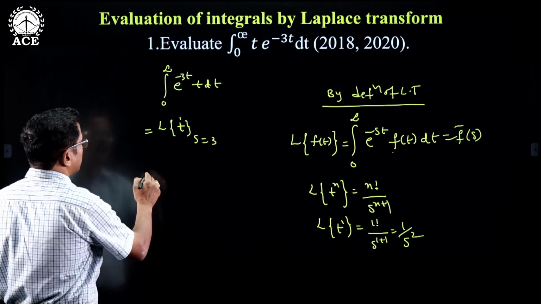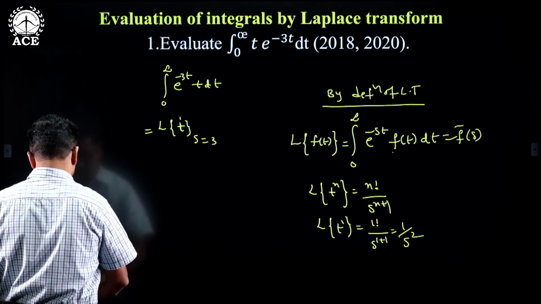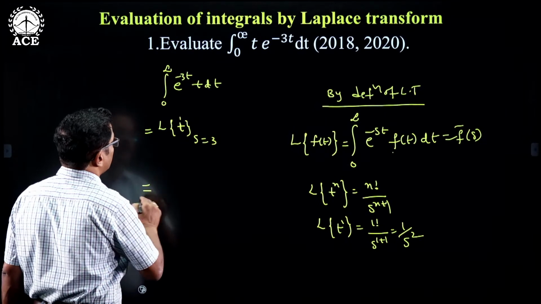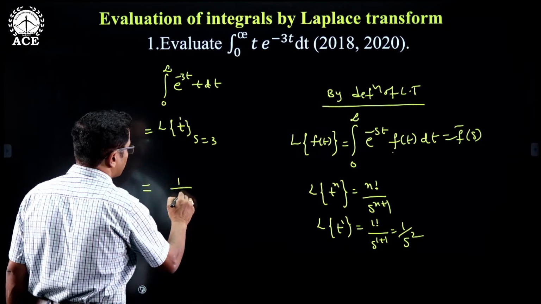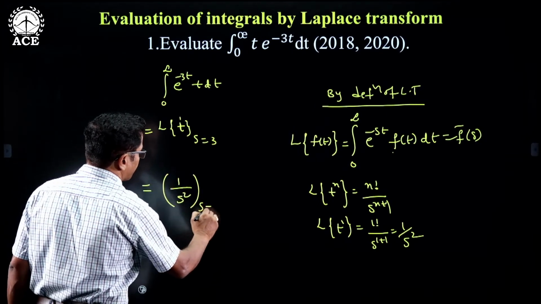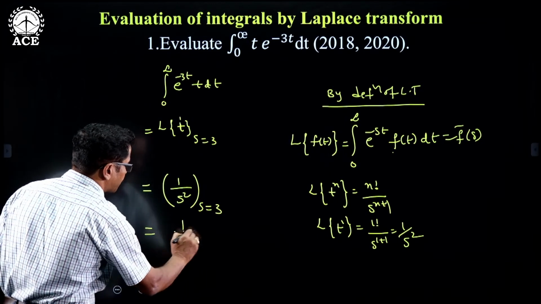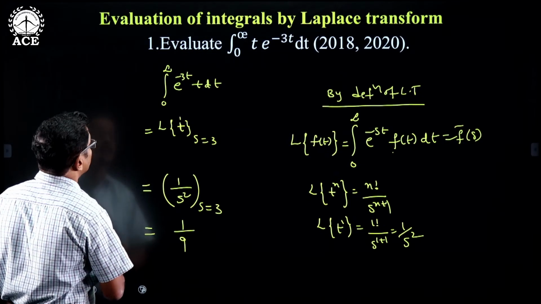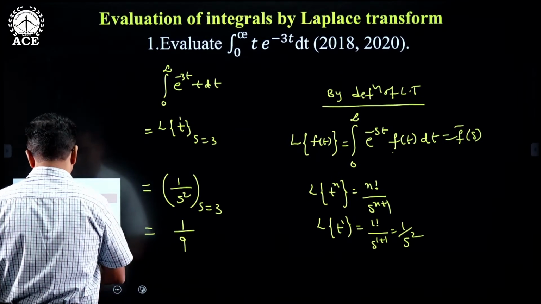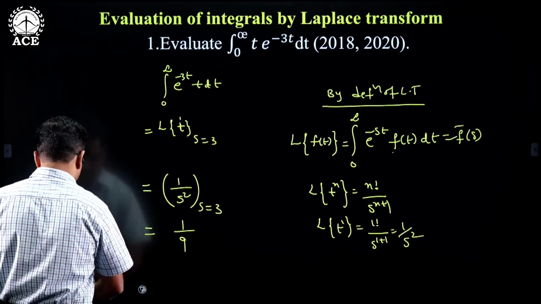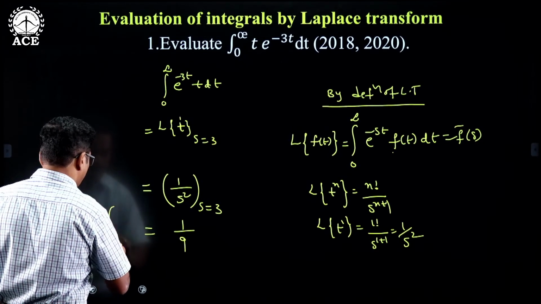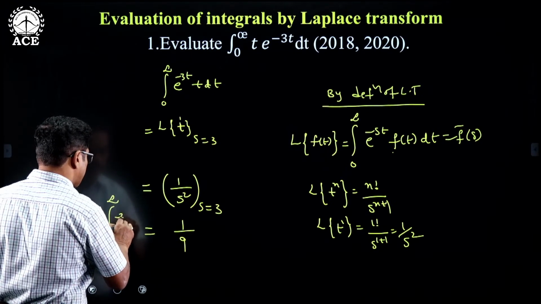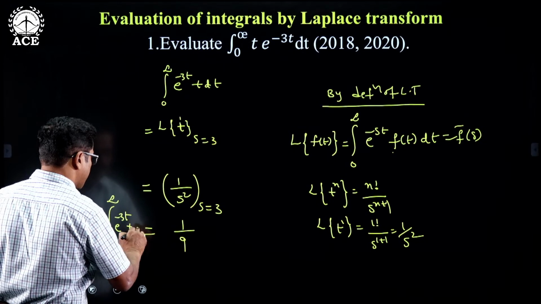Oh, right. So which is equals to L of t, means 1 by s square, where s is equal to 3, which is equals to 1 by 3 square, means 9. So this is integration of 0 to infinite e power minus 3t into t dt.